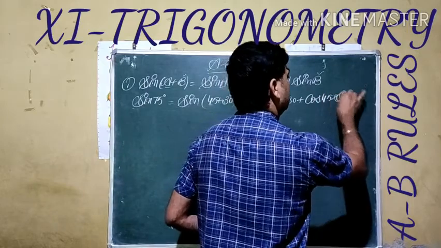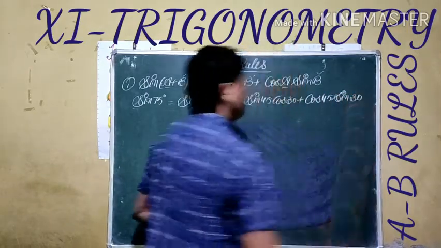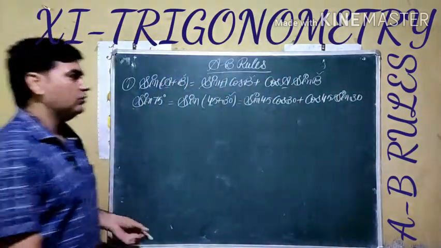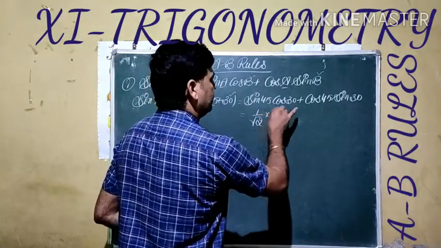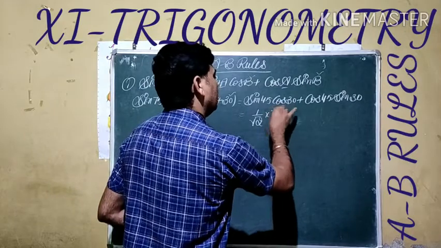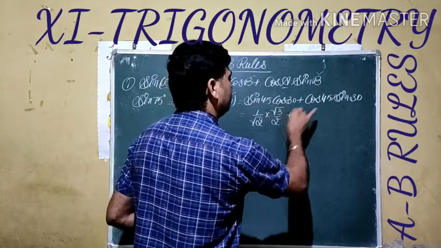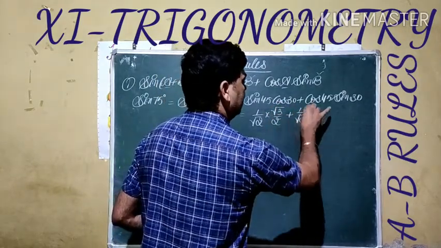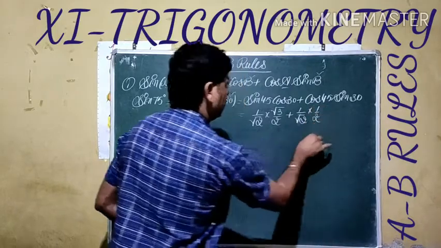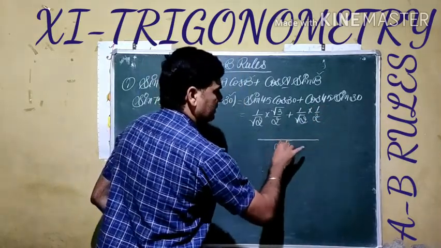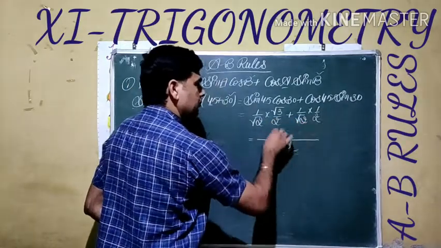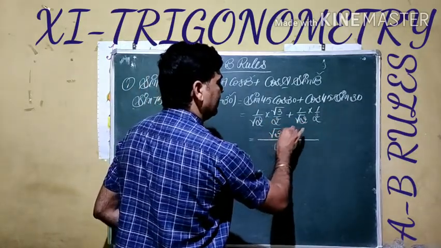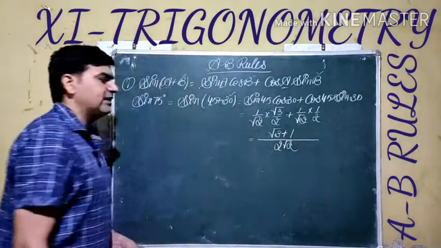Now replacing the values from the table, sine 45 is 1 by square root 2, cos 30 is square root 3 by 2, cos 45 is 1 by square root 2, sine 30 is 1 by 2. By taking LCM, it comes out 2 square root 2, having the same LCM, so the numerator comes directly. This is the value of sine 75.